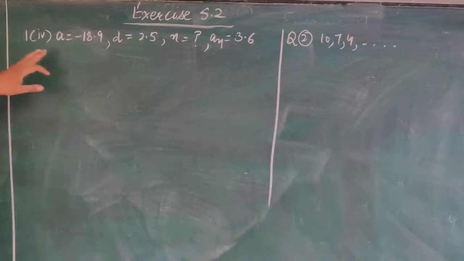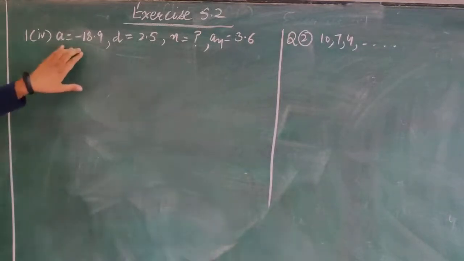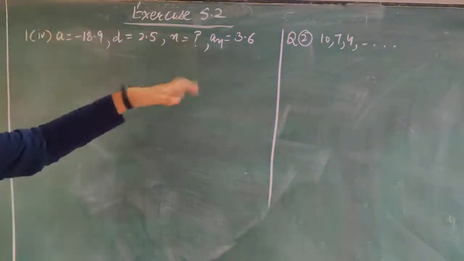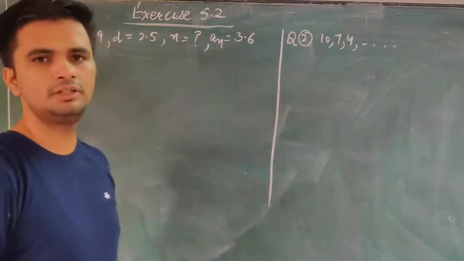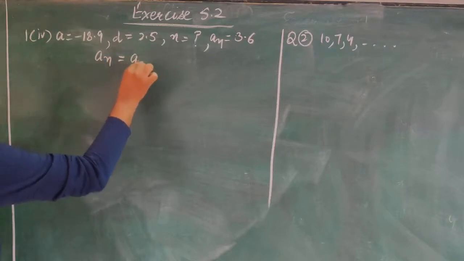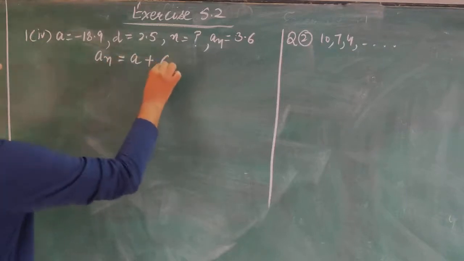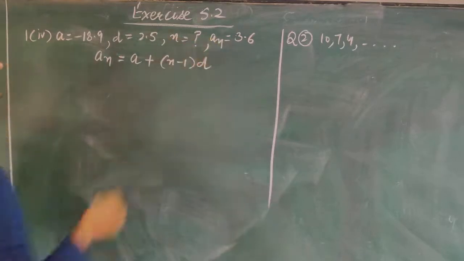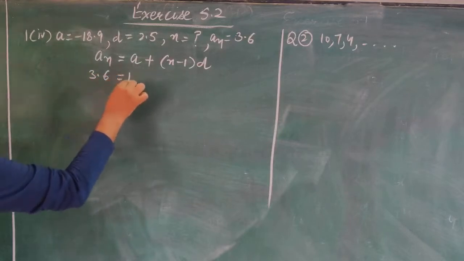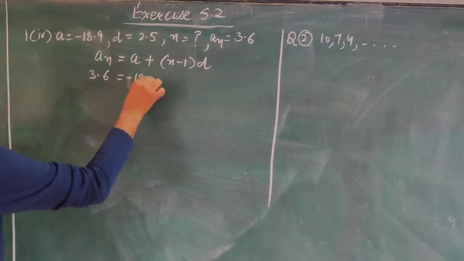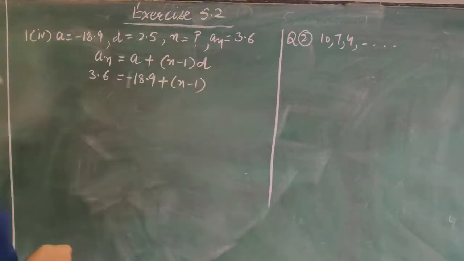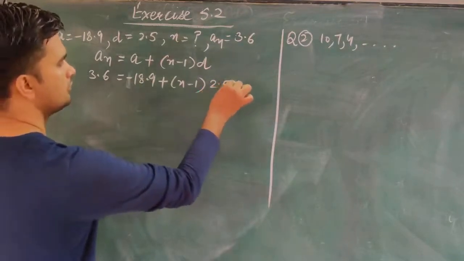Now come to first question, fourth part. See here A is given minus 18.9, D is 2.5. We need to know the value of N, and AN is given 3.6. So we will use the general formula to find the nth term, A plus N minus 1 into D. Here AN is 3.6, A is minus 18.9, N we don't know, D is 2.5.